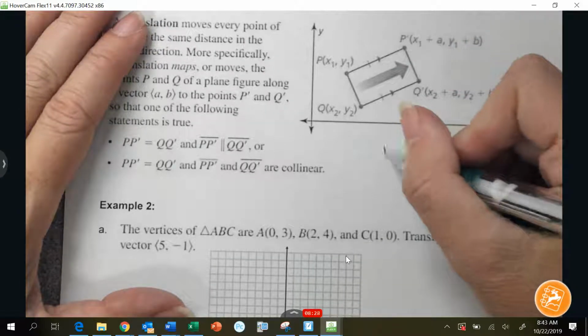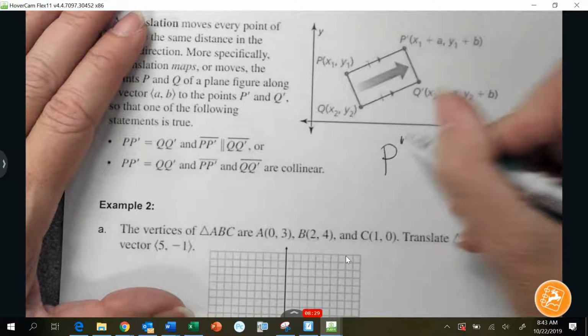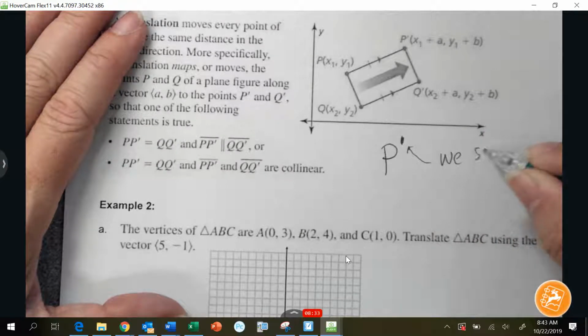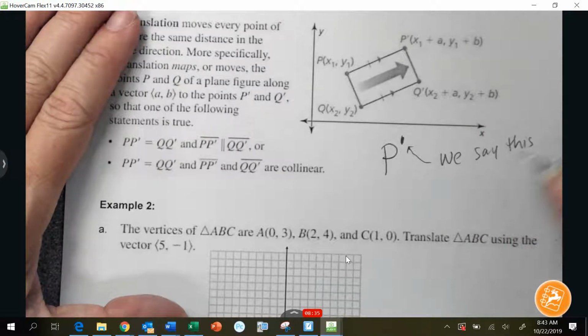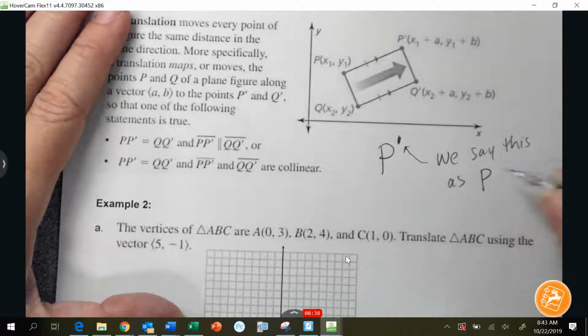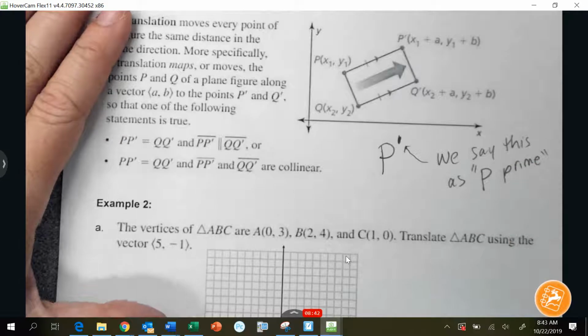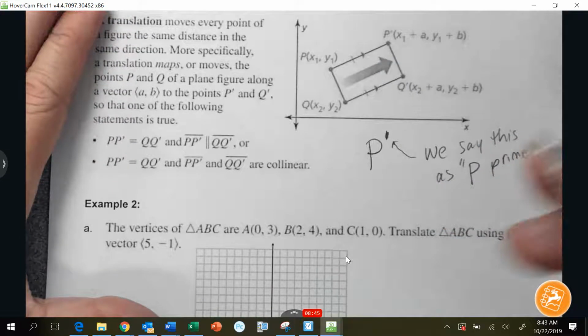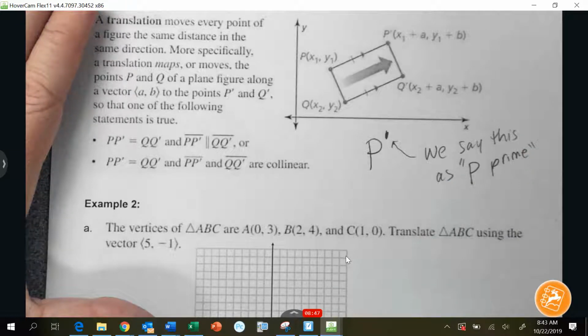So when I write this, we say this. It's P prime. And then this is the symbol that tells you it's what happened, the image symbol.